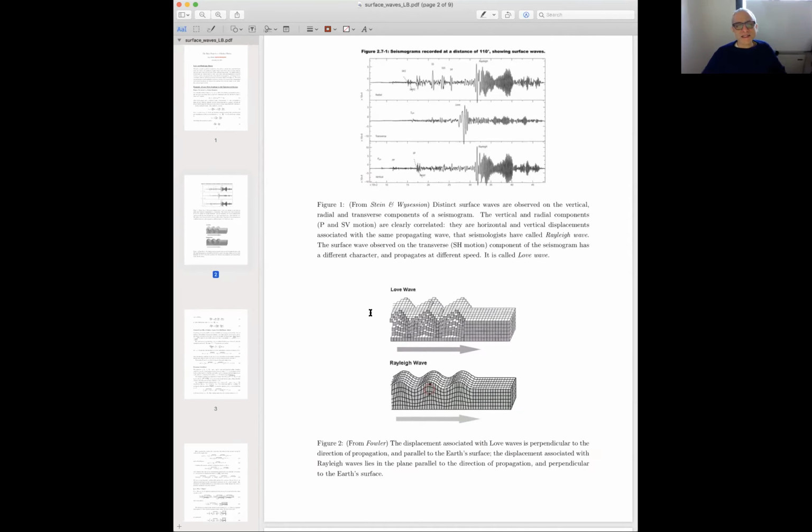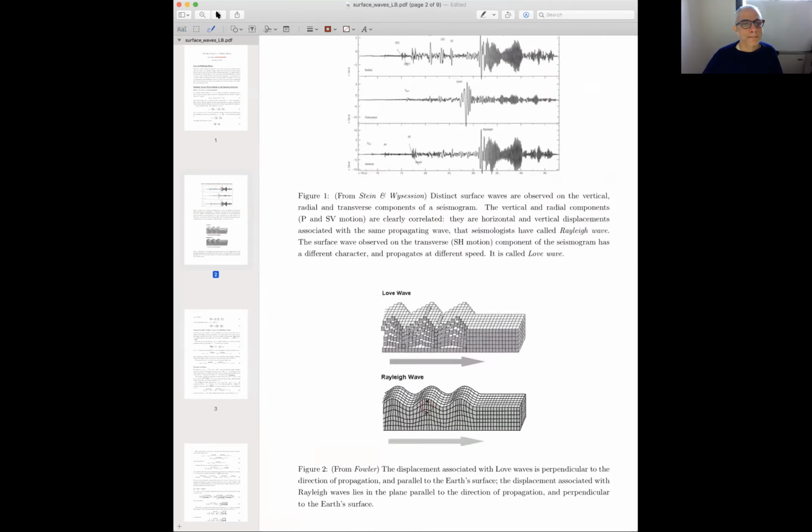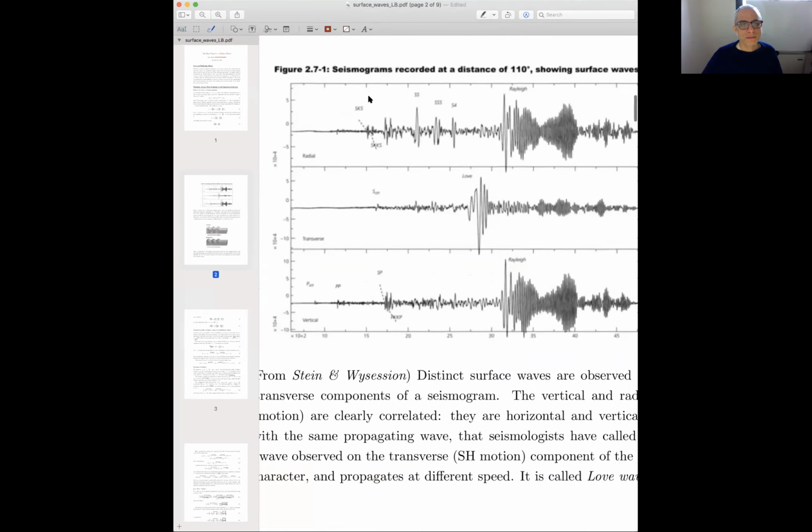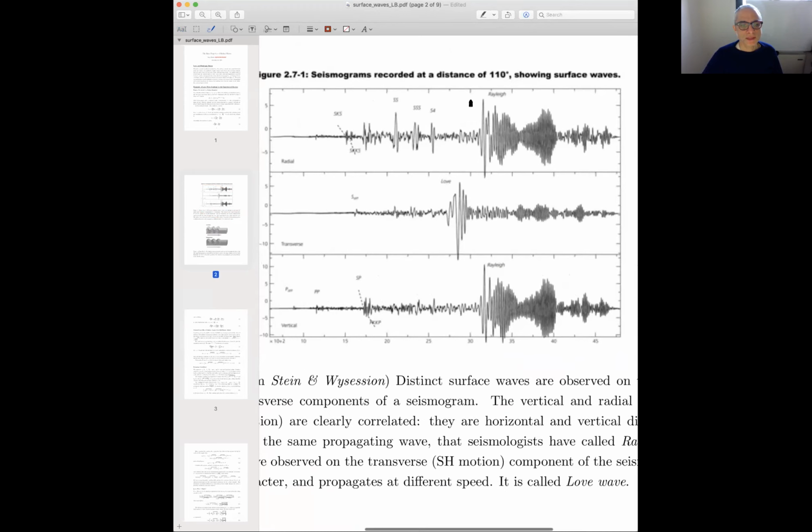If you look at a seismogram, which is what you see here, you see that the surface waves are the most energetic part of the signal.